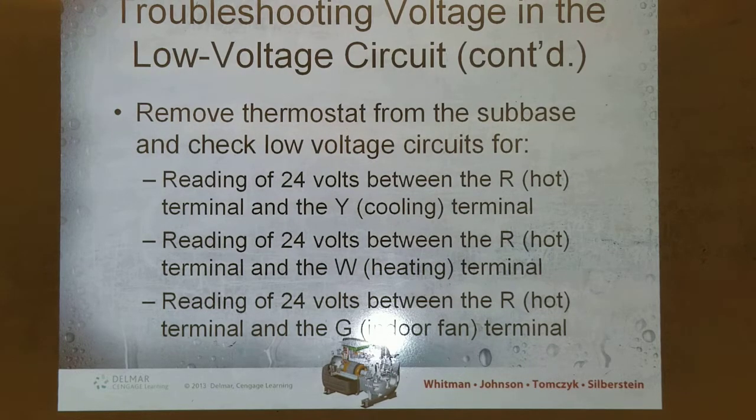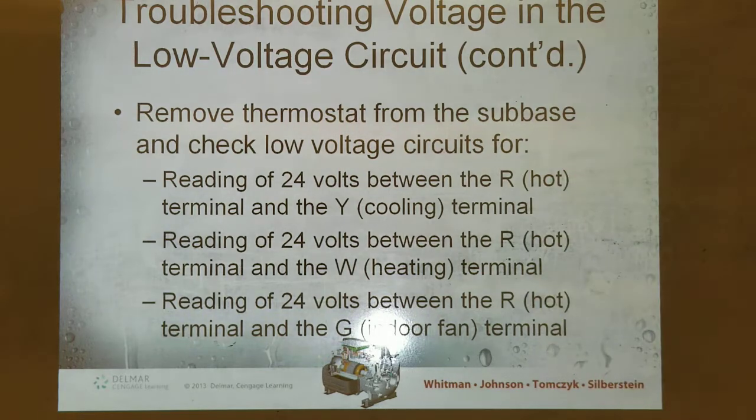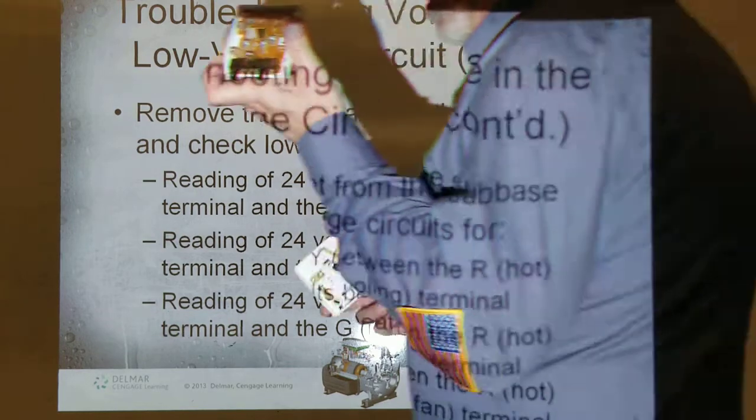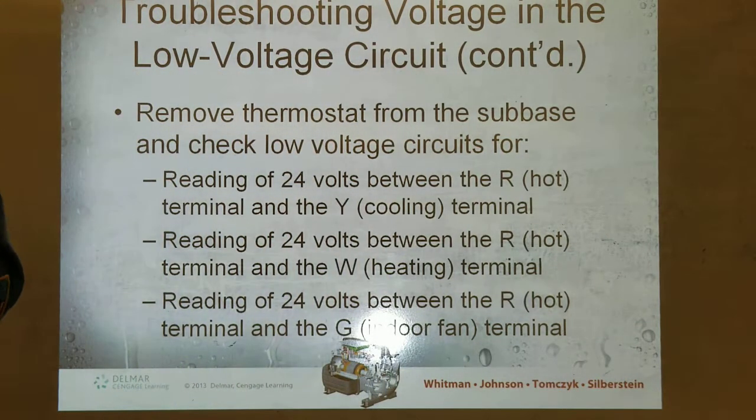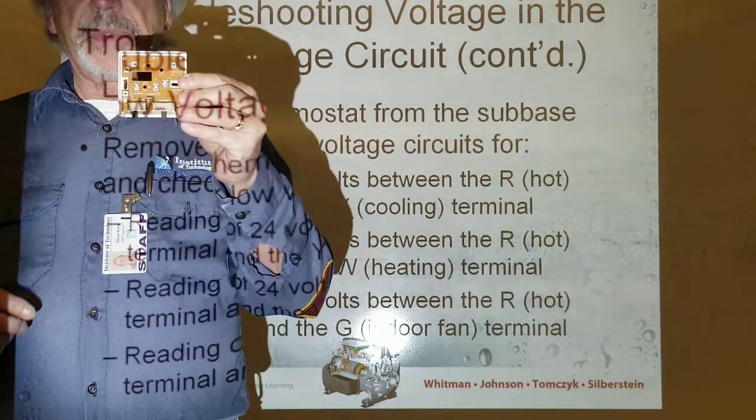Okay, so this is what we were talking about before. You take this thermostat off of this subbase, and you've got the terminals exposed right there. See those terminals are exposed?